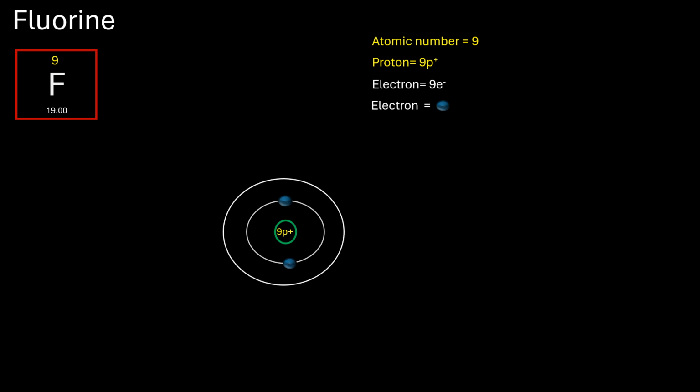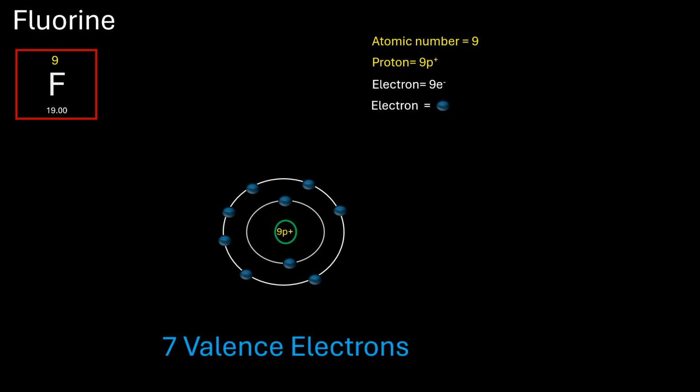This is the second energy level, which can have a maximum of 8 electrons, but fluorine only has 9 electrons, so all we need to place in the second energy level is 7 electrons. So fluorine has a total of 9 electrons, 2 of them in the first energy level, and 7 in the second energy level.